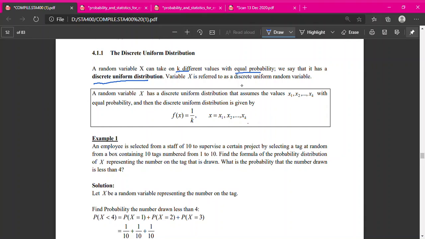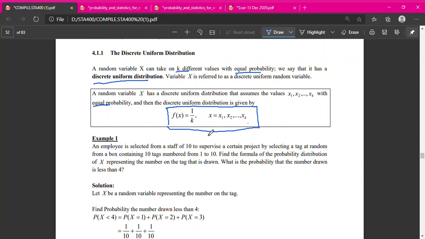Kita tengok dia punya definition. A random variable X has a discrete uniform distribution that assume that the values X1 until Xk with the equal probability, then having the discrete uniform distribution is given by this formula. This function. Yang tadi kan you kena hafal function untuk Bernoulli, you kena hafal juga function untuk binomial together with the possible value and also with its mean dan juga variance.